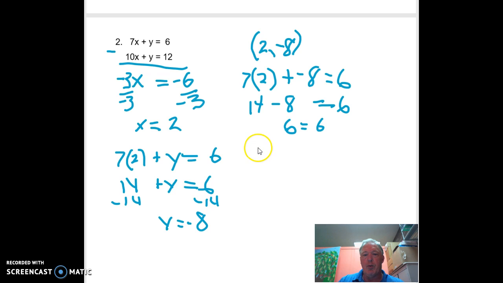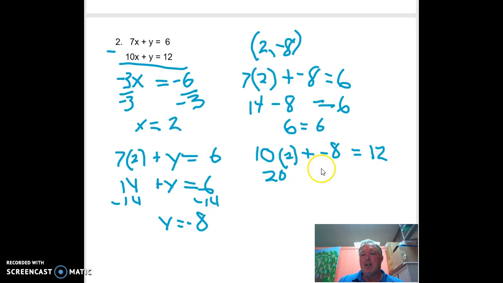Let's do it for the second one. 10x. We said that x is equal to 2. We're going to put in the 2 in place of the x, plus, this one's easy, plus y. We said y is negative 8, equal to 12. 10 times 2 is 20.